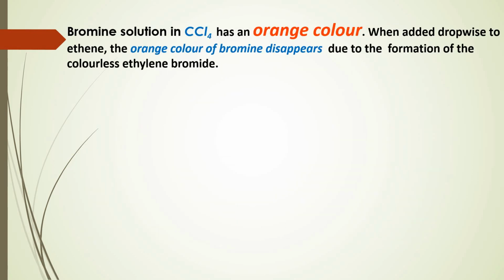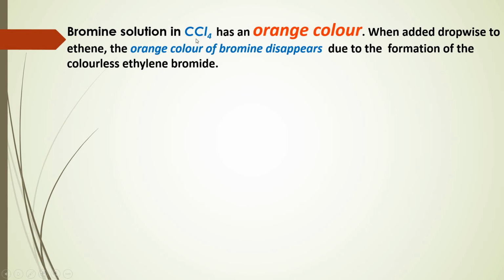In the same way, bromine can also be added to ethene or ethyne. Bromine solution in carbon tetrachloride, this is carbon with 4 chlorine, so tetrachloride, has an orange color.